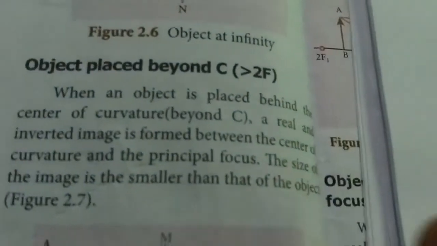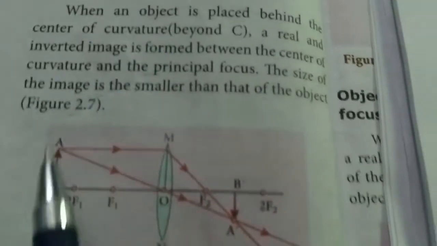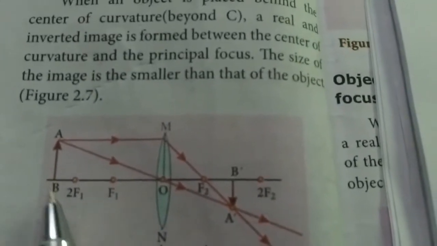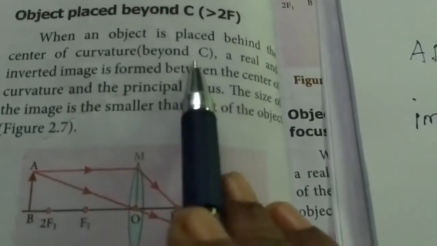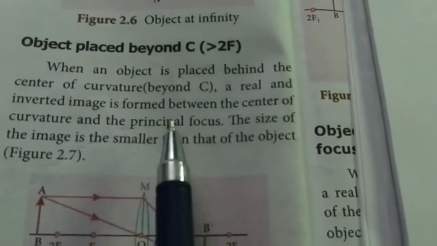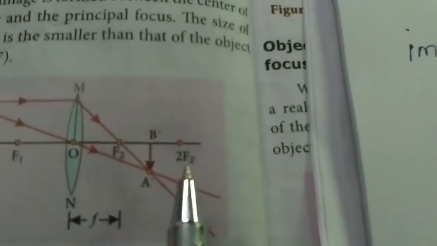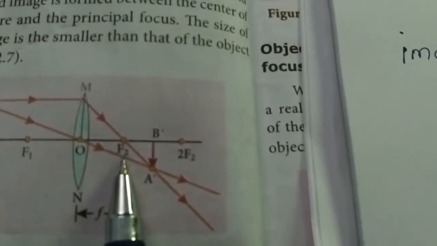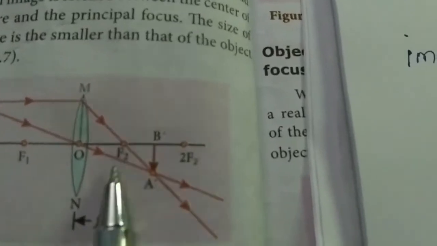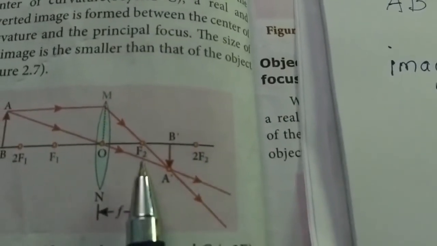So when the object is placed behind the center of curvature, the real and inverted image is formed between the center of curvature C and the principal focus F.